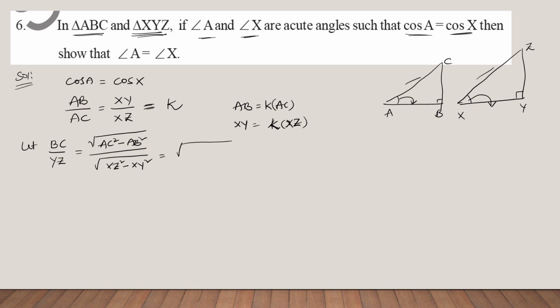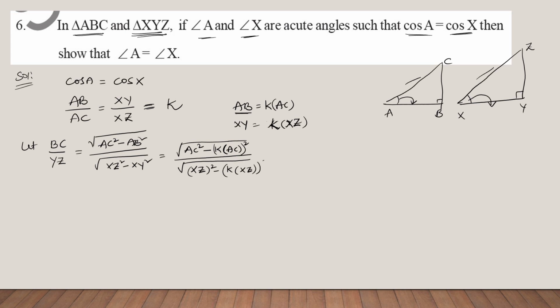So from this clearly, already you have the AB value, no? AC square you keep as it is, minus K times AC whole square, whole divided by, in the denominator, XZ whole square minus K times XZ whole square.